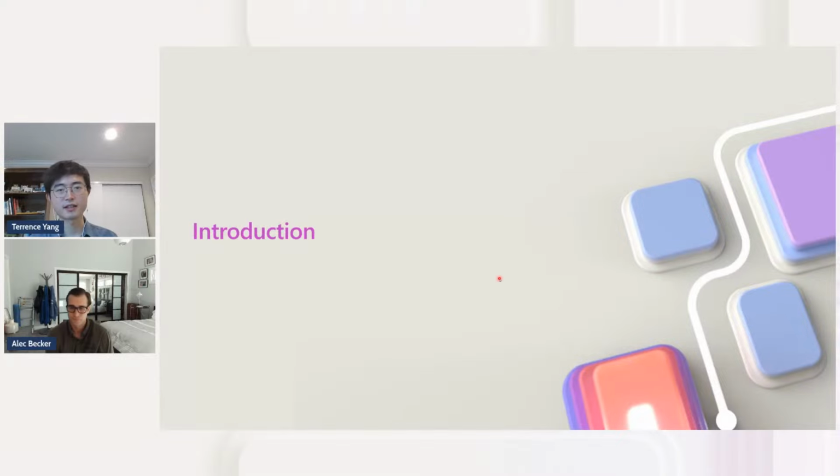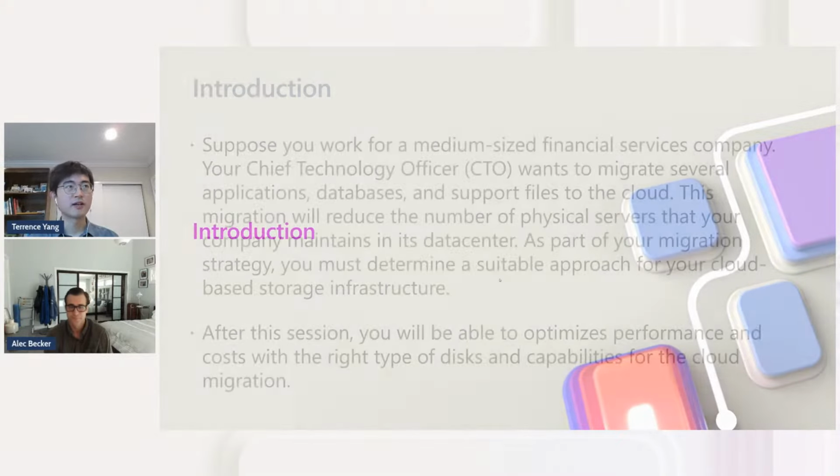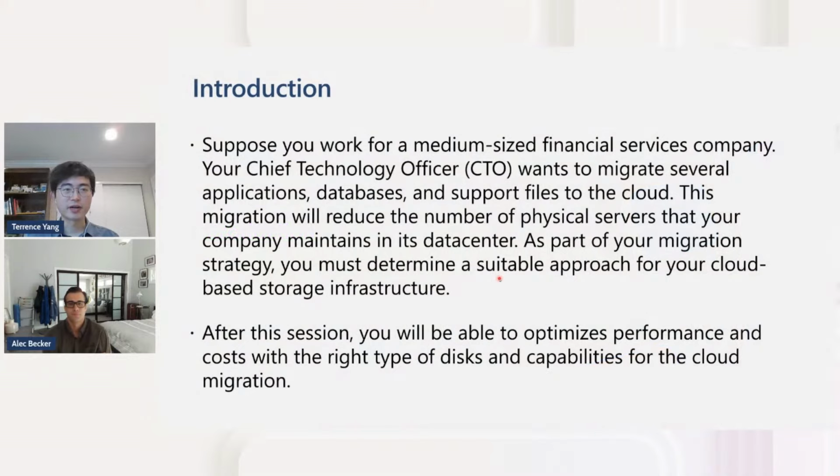Okay, let's get started. So imagine a daily scenario. You are an IT professional and you work for a medium-sized financial service company. One day, your CTO would like to migrate your current on-prem services, including different applications, to the cloud to reduce the number of physical servers that you maintain in your current data center.